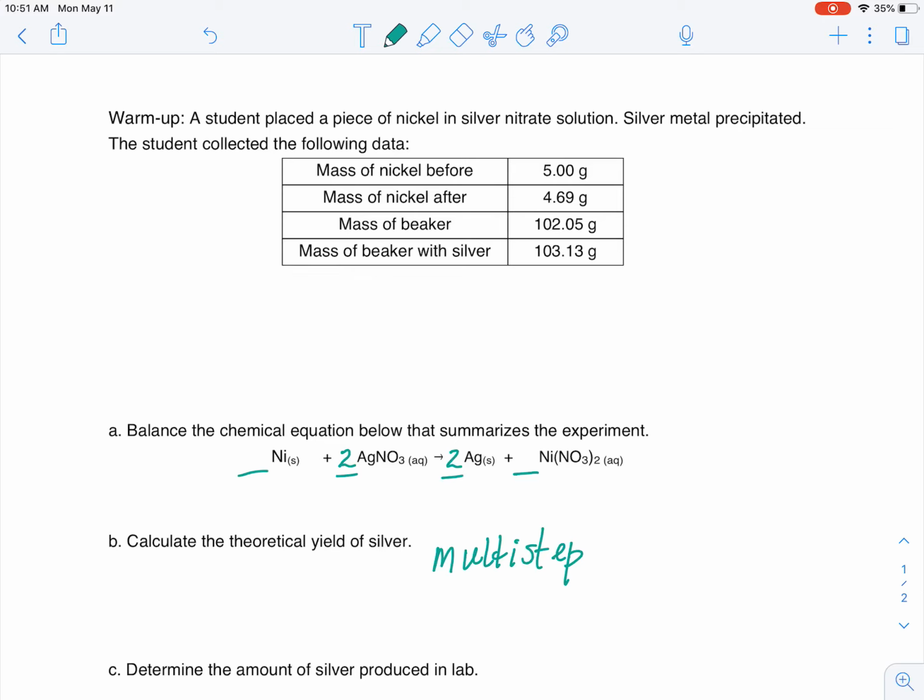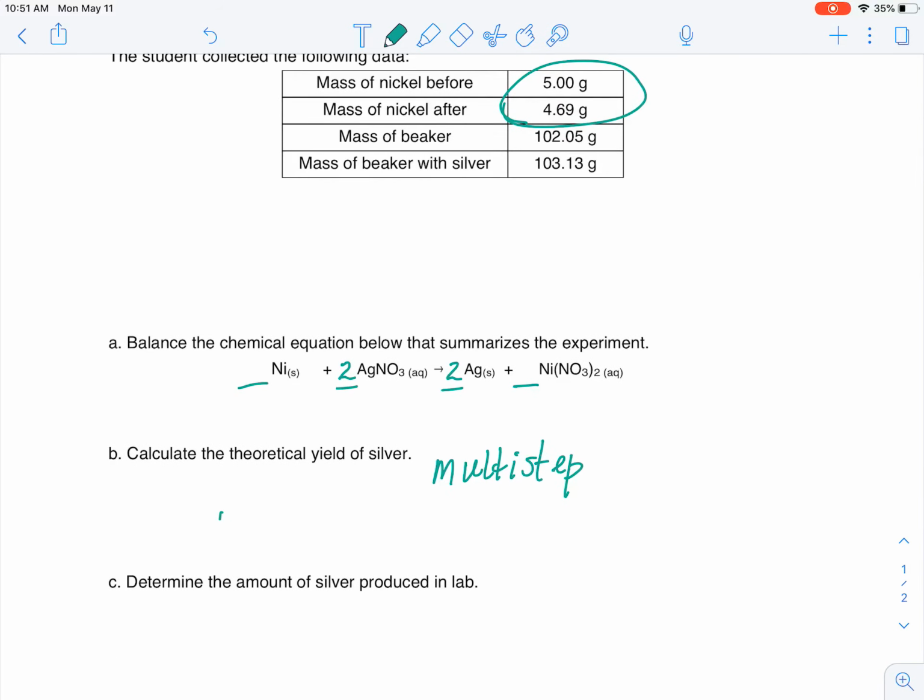In order to determine that, we need to know the mass of the nickel before the reaction and after the reaction. So we subtract 5 grams minus 4.69 grams, and that tells us that 0.31 grams of nickel are reacting with the silver nitrate.